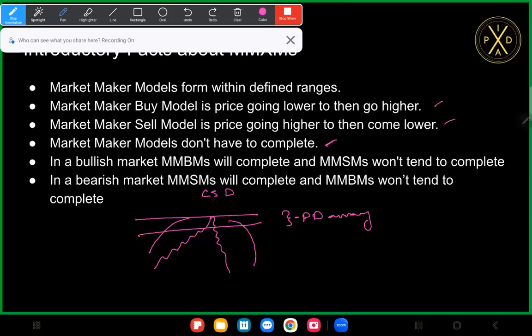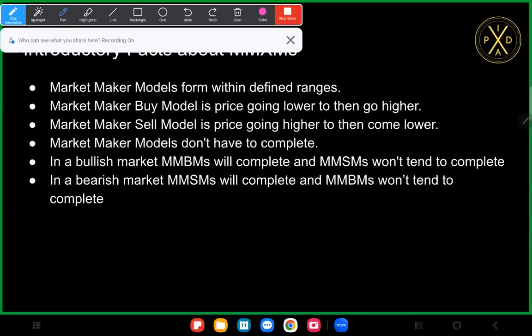So what do I mean when I say that market maker models don't have to complete? Well, if you guys have seen that picture of what a market maker model is from ICT, you'll understand that a market maker sell model looks something like this, and then a market maker buy model looks something like this. Now, these are examples of completed market maker models.